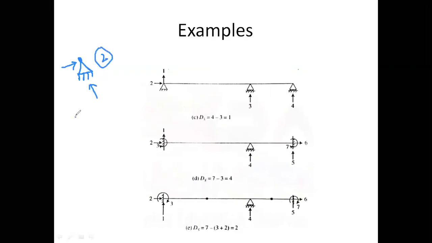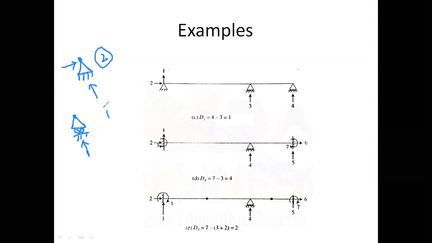In case of roller support, it can move in a horizontal direction, but it cannot move in a vertical direction. So a vertical reaction will be produced. Similarly, it can rotate, so no rotational reaction will be there.